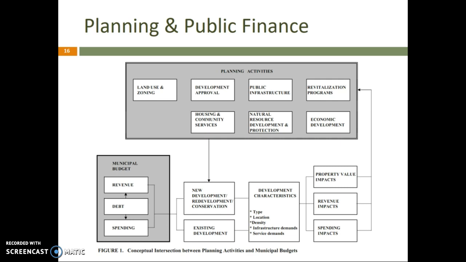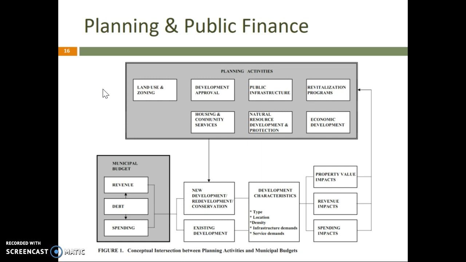It categorizes planning activities into 7 different areas up here. So you have land use and zoning, development approval, public infrastructure, revitalization, economic development, natural resource protection, and housing and community services.